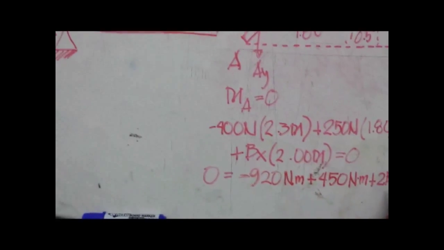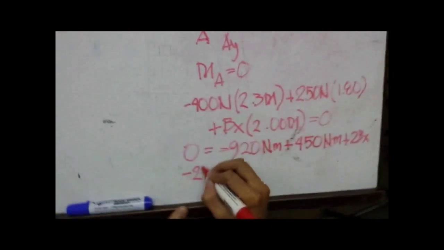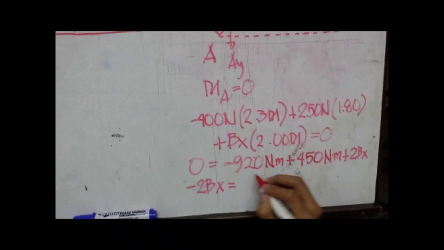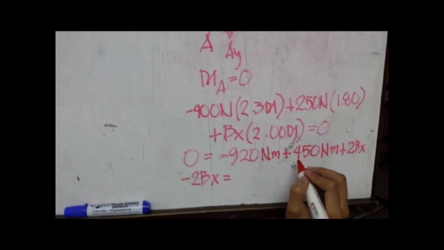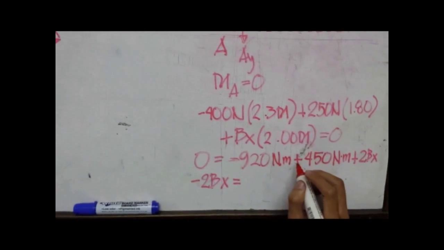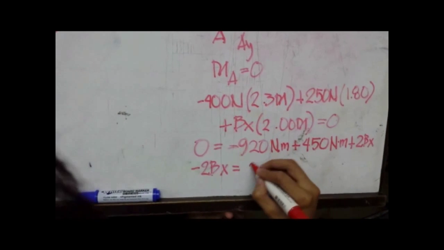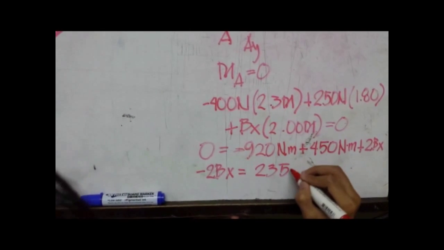Simplifying, we transpose the unknown to the other side. Take 2Bx. 920 plus positive 450 is equal to 235.